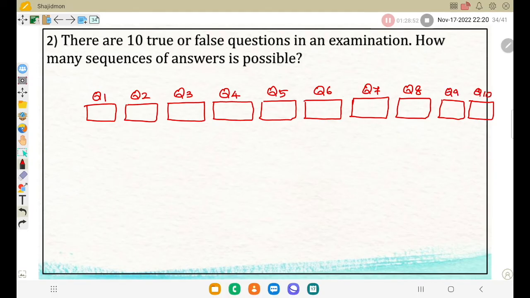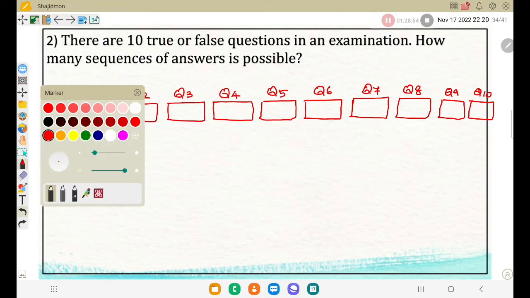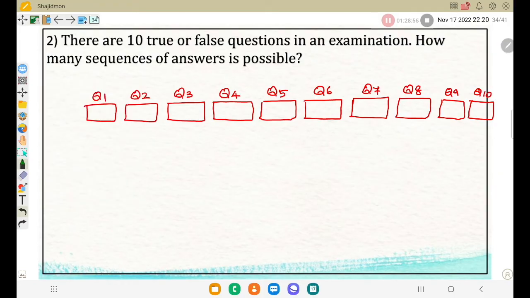There are 10 true or false questions. So for each question, how many options? Either true or false, for every question. True or false, correct? All like that.